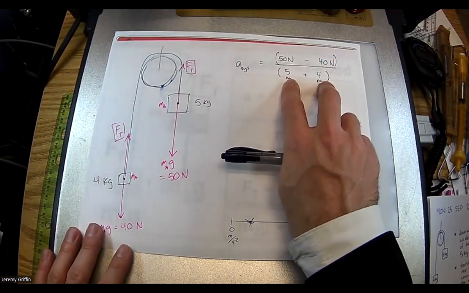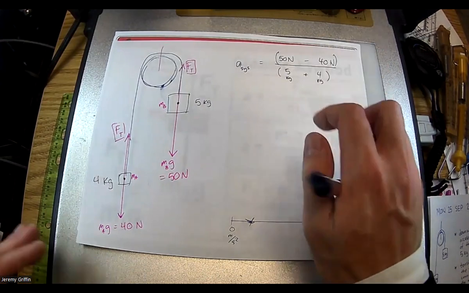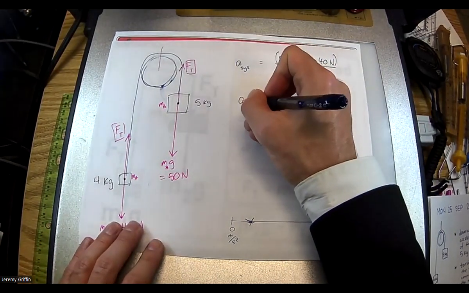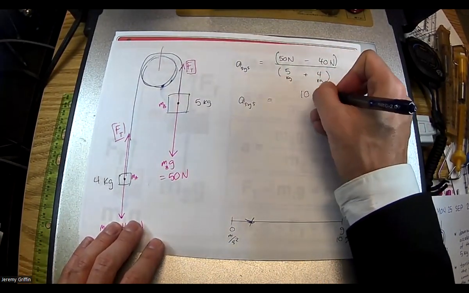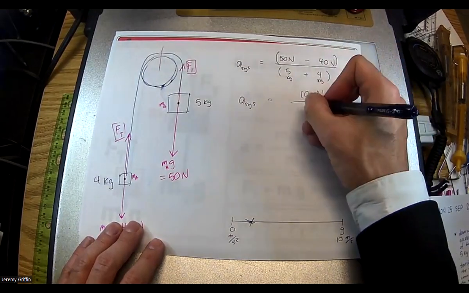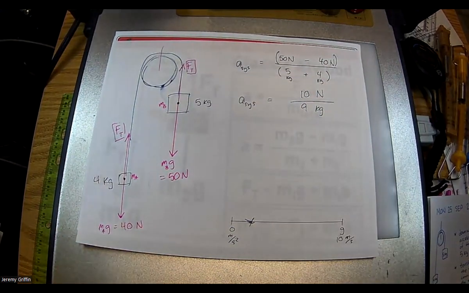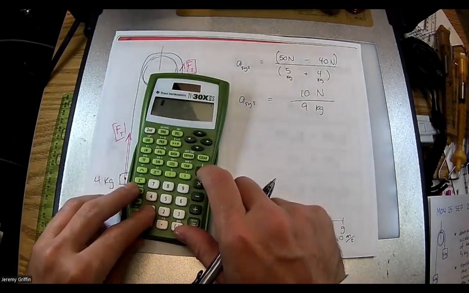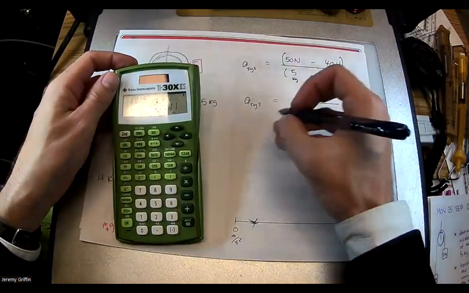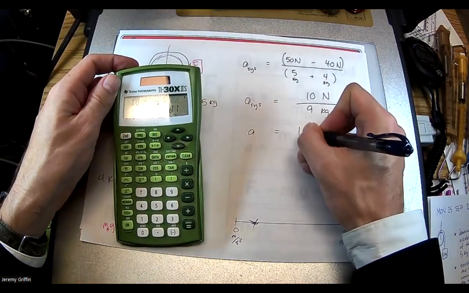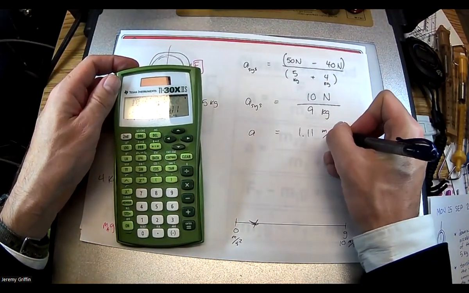The masses I add together, masses are scalar quantities, so just add them all up. So the acceleration is, I got a 10 newton net force acting on 9 kilograms total mass. Acceleration is 1.11 meters per second squared.